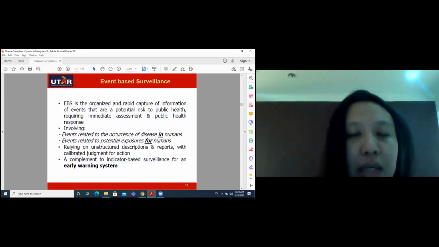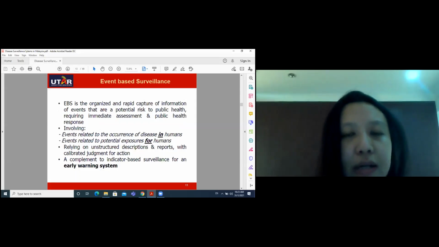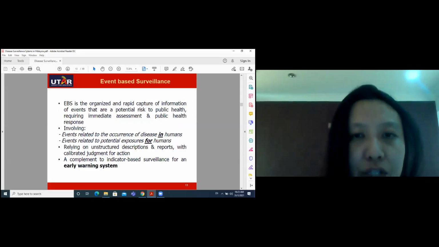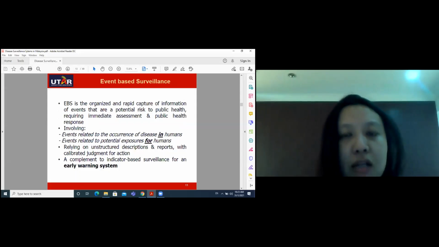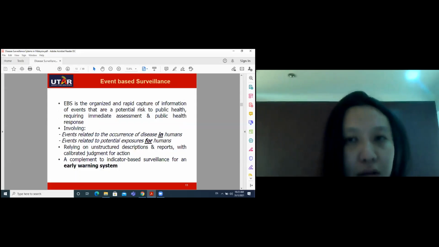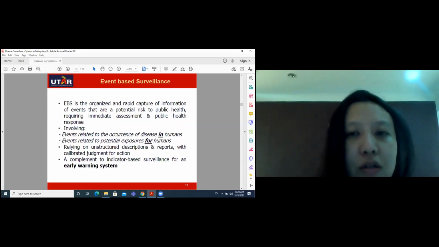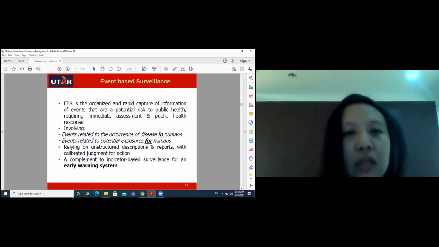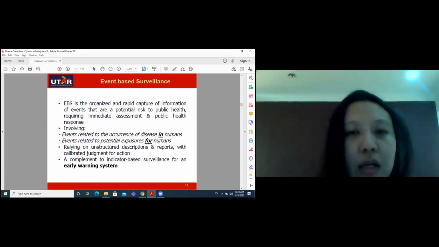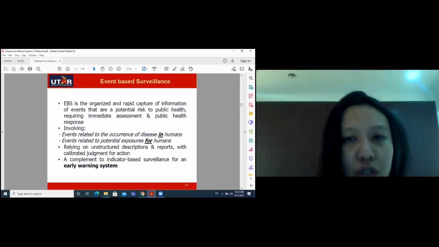Event-based surveillance is an organized and rapid capture of information that poses a potential risk to public health, and involves the occurrence of disease in humans, or events with potential exposure for humans.